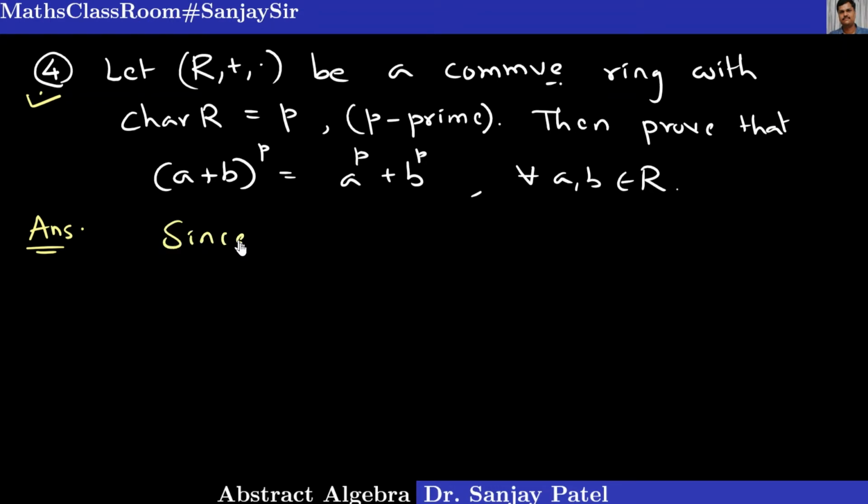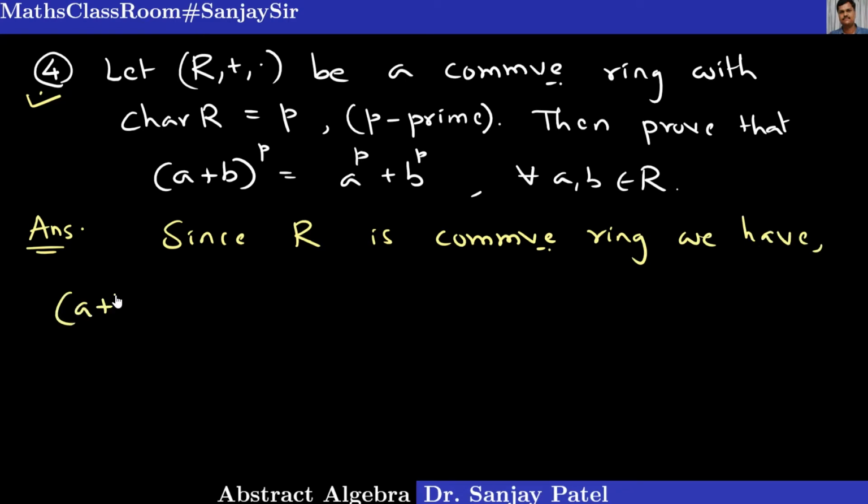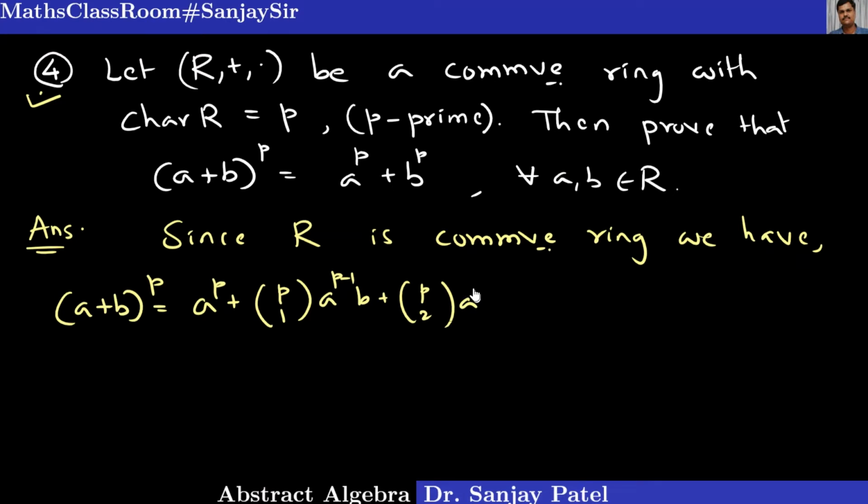Since R is a commutative ring, we can write (a plus b) raised to p is equal to a raised to p, pC0 that is 1, then pC1 a raised to p minus 1 into b plus pC2 a raised to p minus 2 into b square and so on.